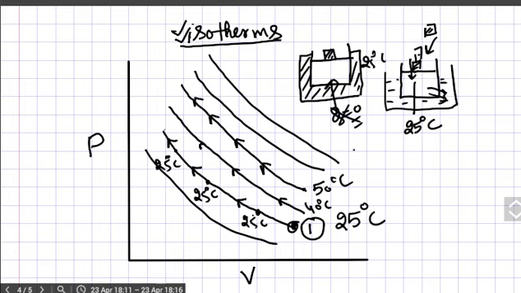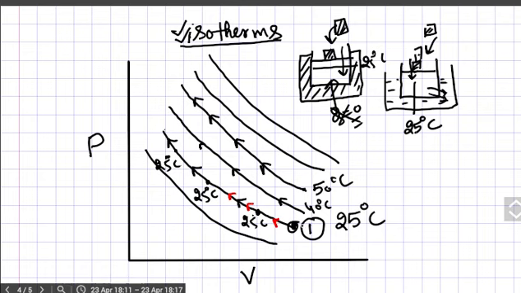Now if you increase the pressure, the volume will go down, but you can easily anticipate that the gas will warm up. Its temperature will go from 25 degrees centigrade to, for example, 30 degrees centigrade. So here how you will show this path, because if you go this way, it is the isotherm, it will be temperature 25 degrees centigrade only.